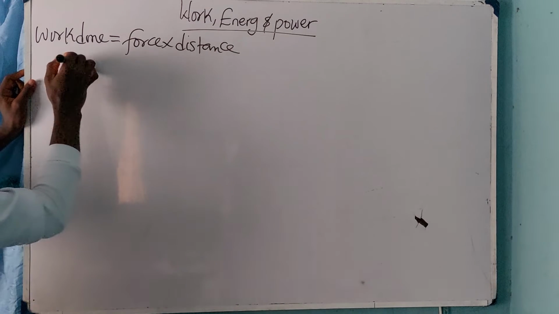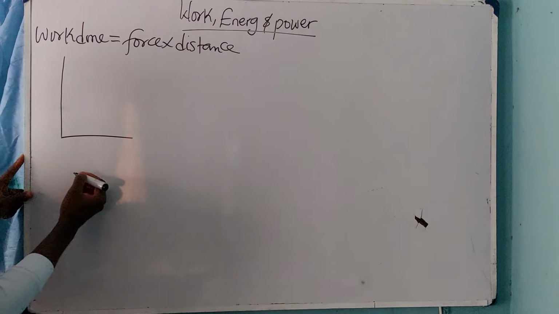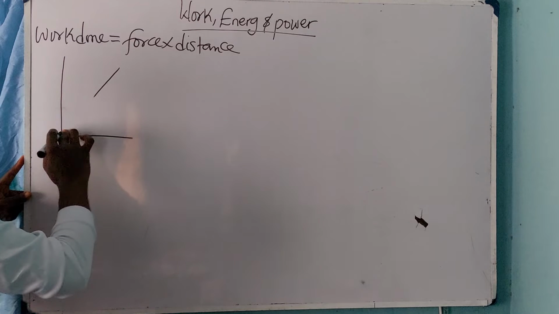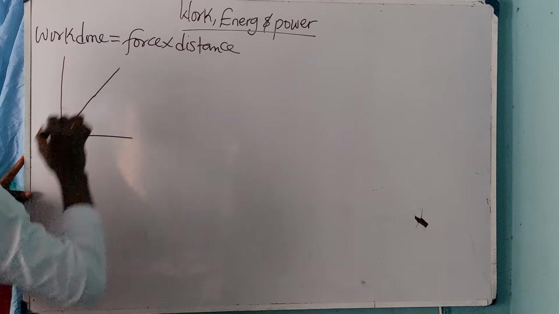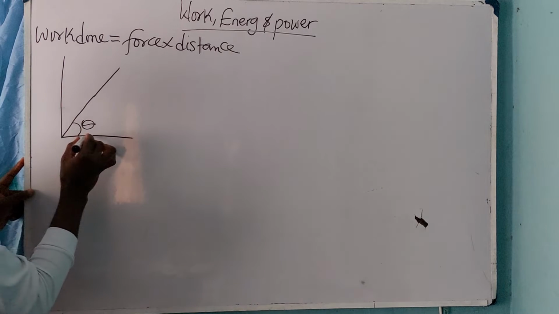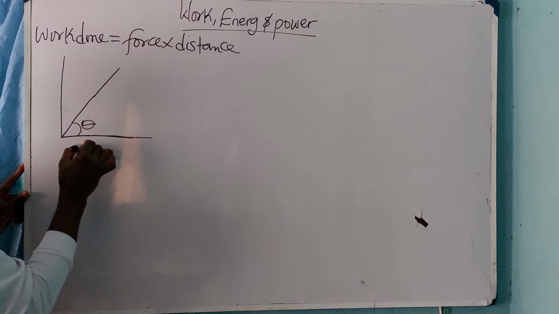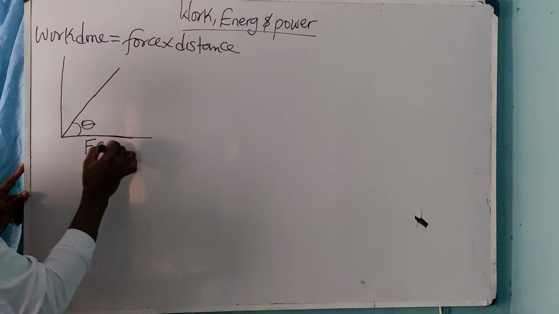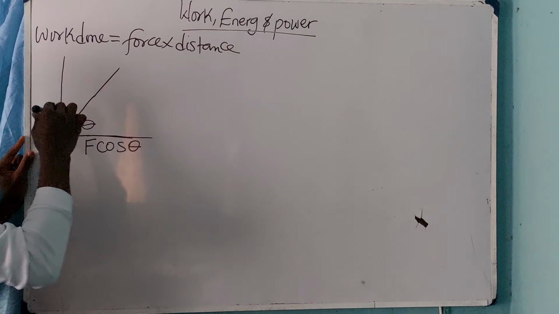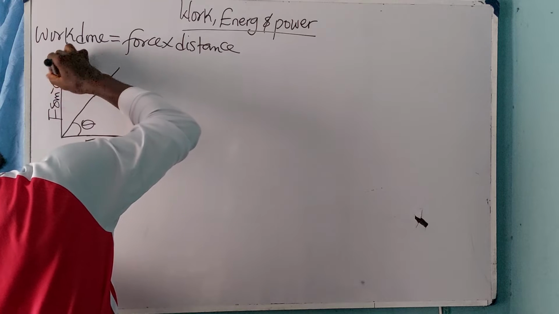Now graphically, we can express it this way. This is the force acting towards a particular direction, and an angle is formed here. The horizontal component, since we are talking of force, is force cos theta, while the vertical component is force sine theta.